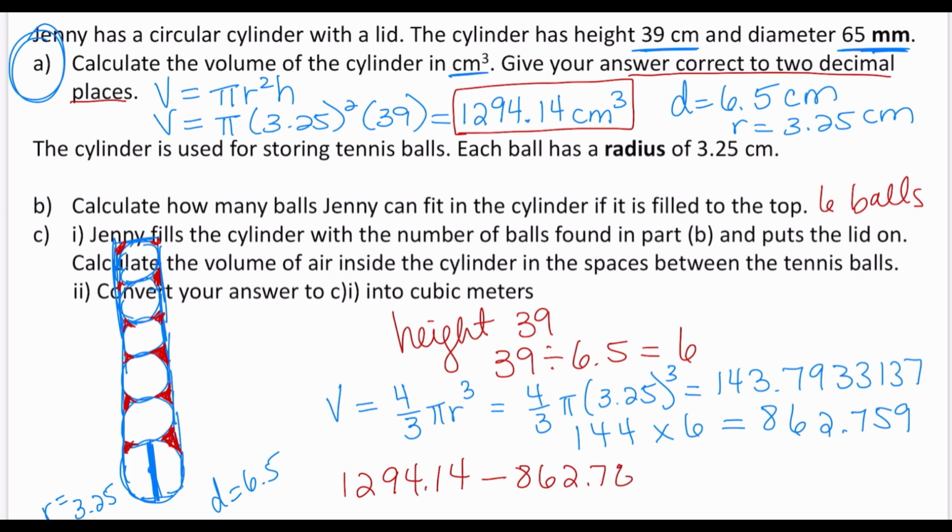I'm going to round this to 2 decimal places, just like the previous answer. And then I'm going to figure out this difference, 1294.14 minus 862.76. I get 431.38. And so all of these measurements right now are in cubic centimeters.